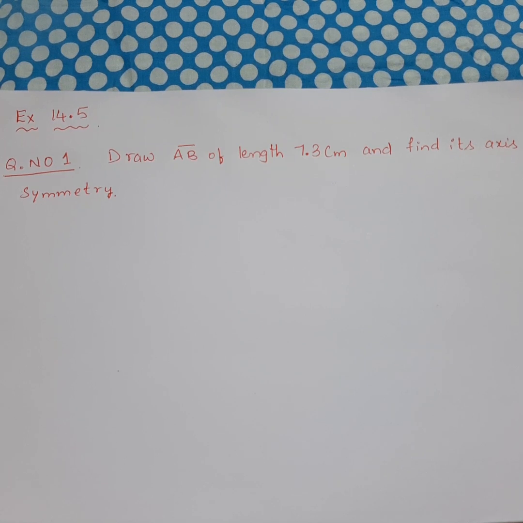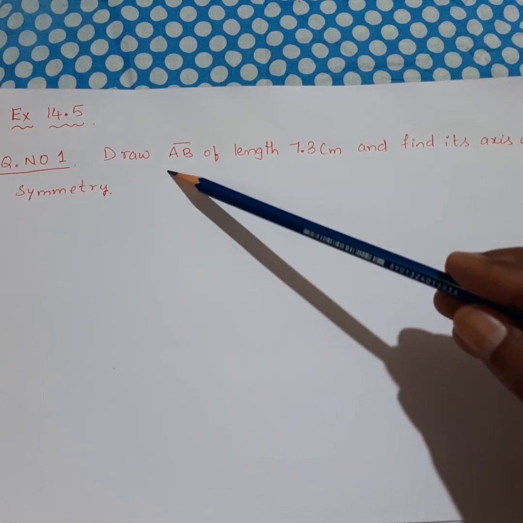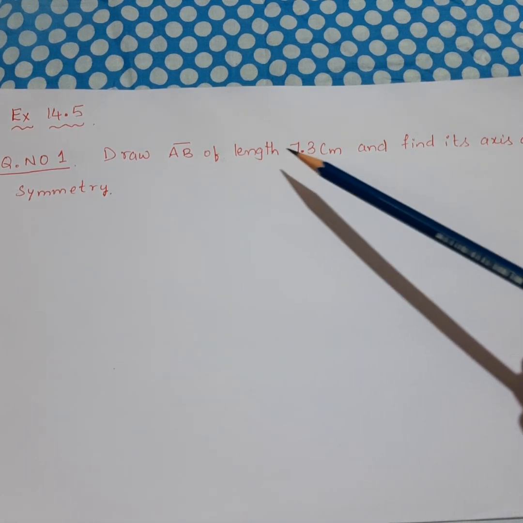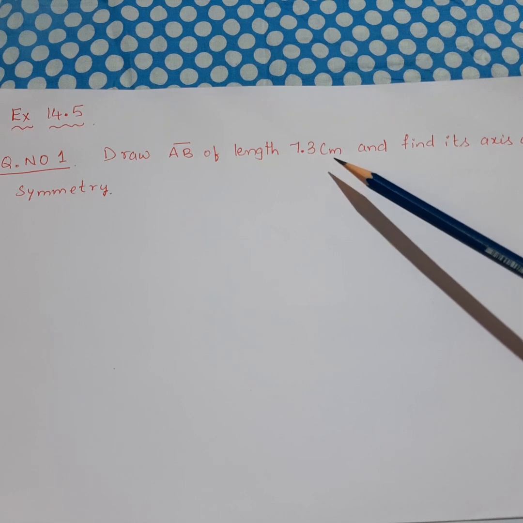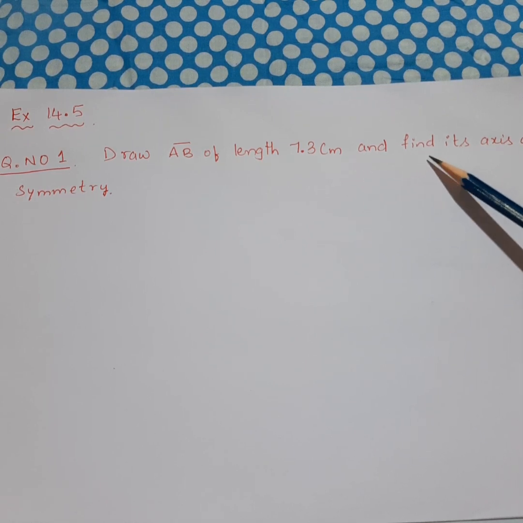Right, children. Let us discuss question number 1 from exercise 14.5. What is the question here? Draw AB of length 7.3 centimeters and find its axis of symmetry.